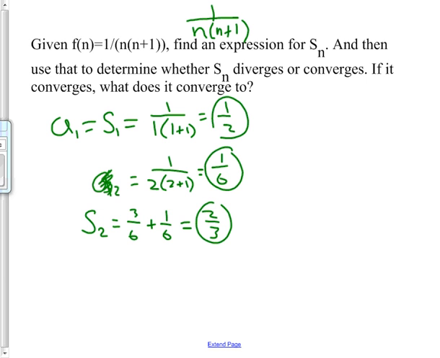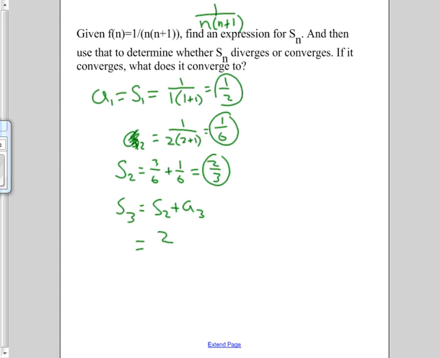And then we need to find S sub 3. We want to be identifying a pattern. S sub 3 is S sub 2 plus A sub 3, so we have 2/3 plus A sub 3. That's 1 over 3 times 3 plus 1, which is 1/12.